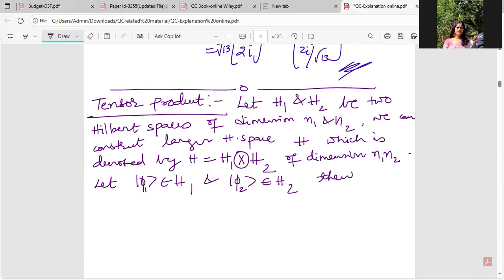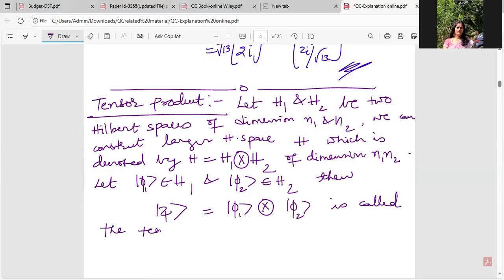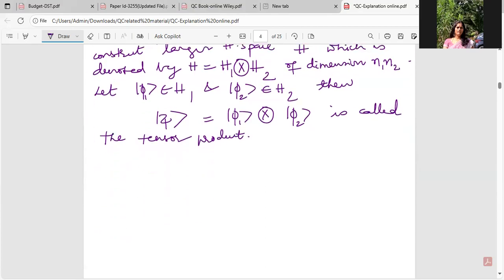Then ket xi, which is equal to ket phi 1 tensor product ket phi 2, is called the tensor product. It's very easy. Let's see an example to understand things better.